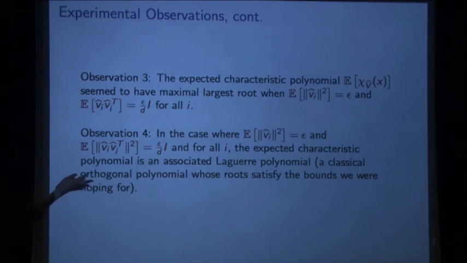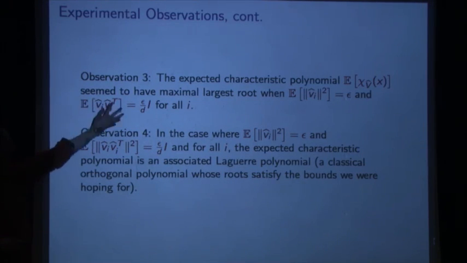And the bounds that are true on this Laguerre polynomial satisfy the bounds that we were hoping for. So experimentally, at least, the worst case scenario that we could find seemed to do what we needed it to do, and so we thought, maybe the less worst case scenarios do it as well.